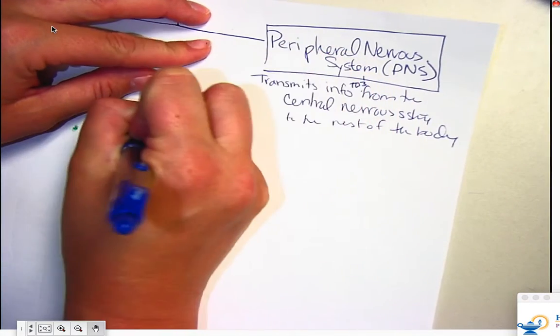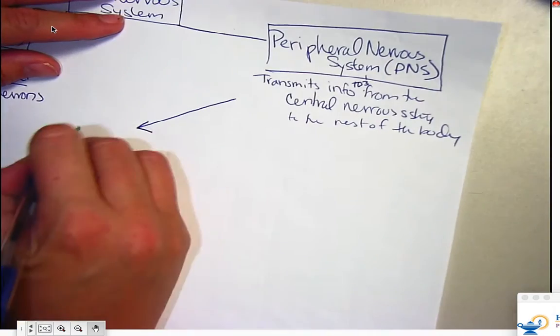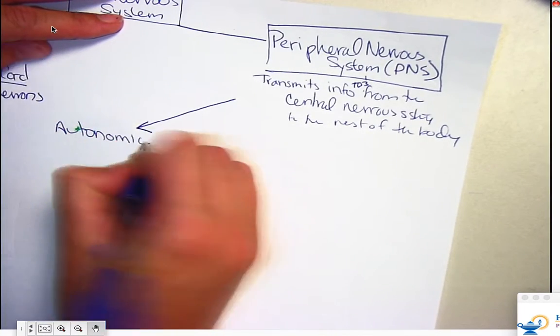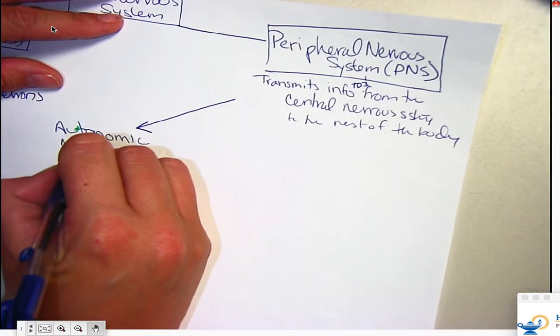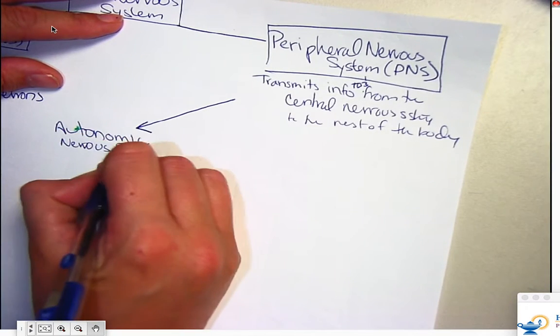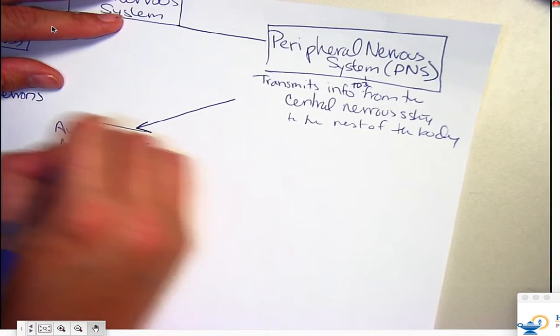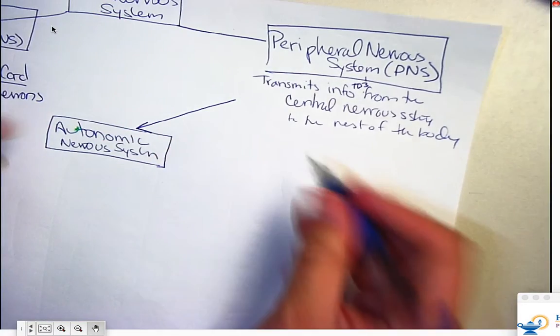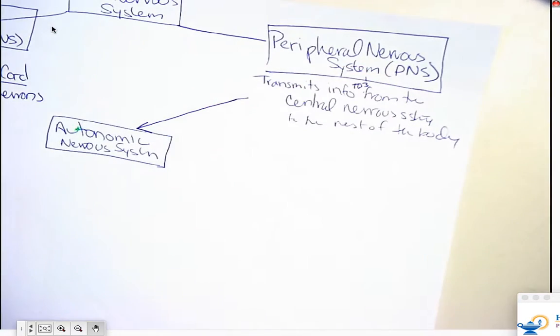From the peripheral nervous system, you have something called the autonomic nervous system. These are all coming from your peripheral, by the way.